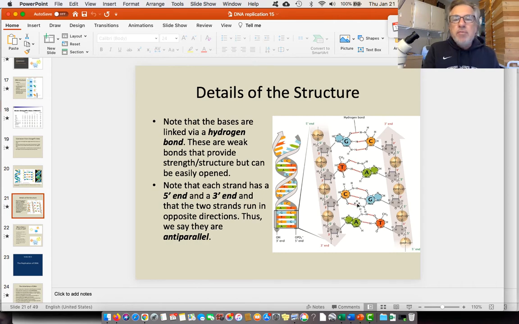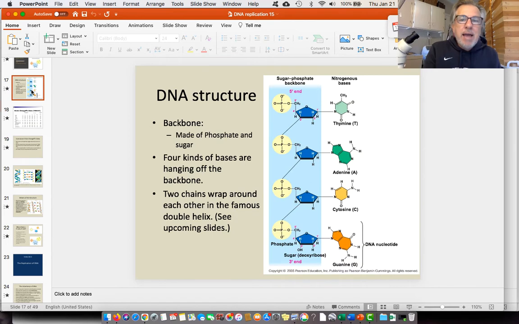Now, the other rule is that one of the things I didn't mention back here is that the chain has a 5' end, in other words, a phosphate that dangles off one end that's attached to the number 5 carbon, and a 3' end where there's an empty 3rd carbon that doesn't have a nucleotide attached to it.